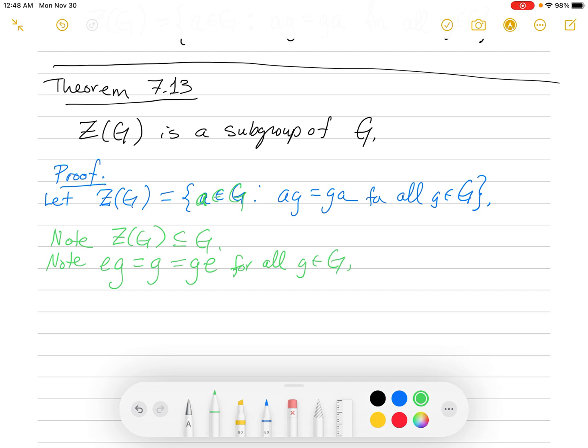This is for all g in G. So note that the identity commutes with every element of G. So thus the identity is in the center, because it commutes with every element of G. So the center of G is non-empty.